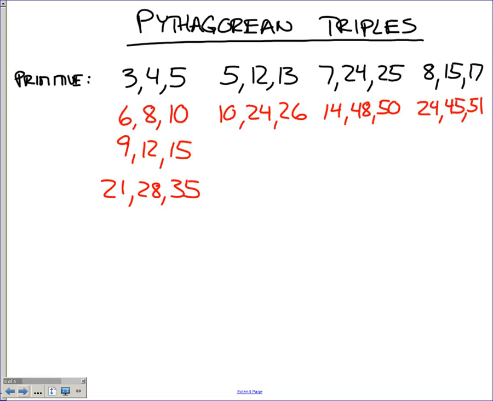And notice on that bottom row, they're saying any of the families, the 3, 4, 5, 5, 12, 13, 7, 24, 25, 8, 15, 17, if you have a common factor, like 3x, 4x, 5x, x is common. And so really all you're looking for is, do I have any common factors between these?